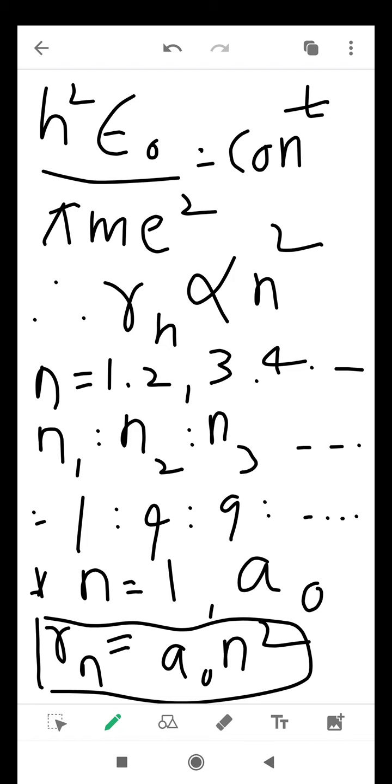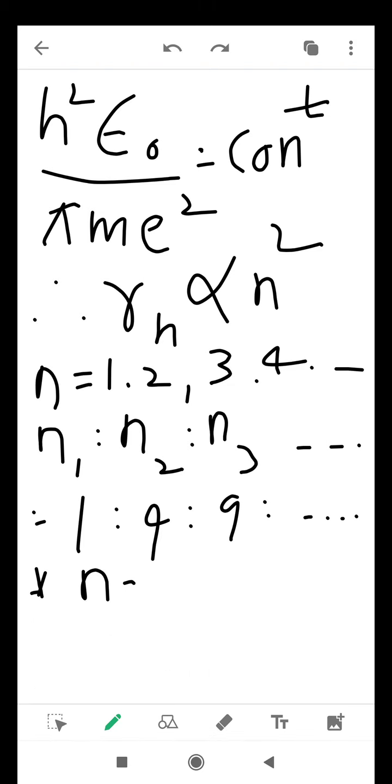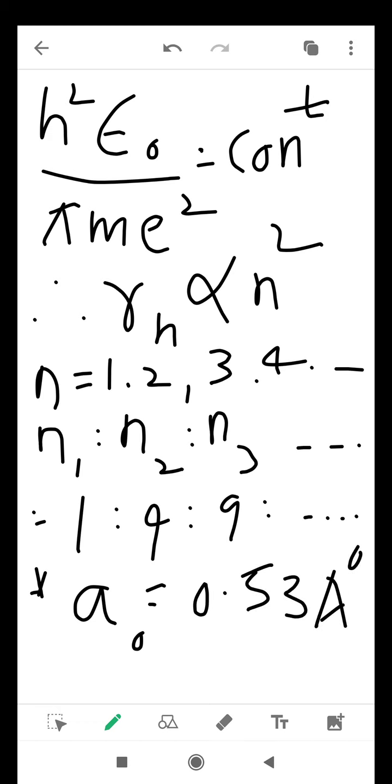The value of A0, by substituting all the constants, came out to be 0.53 angstroms. This is the Bohr's radius for n equal to 1, the radius of the innermost orbit.